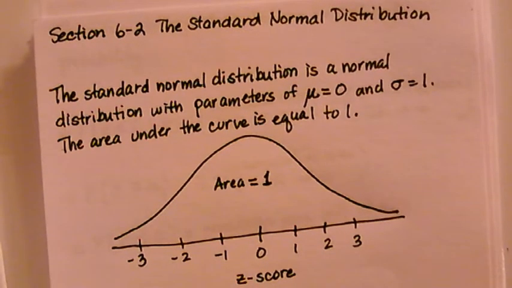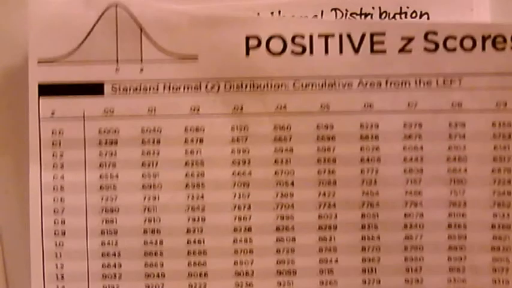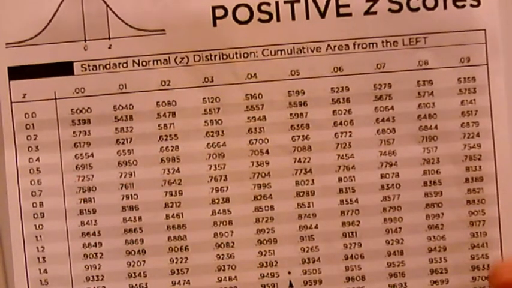We can use technology, which is the TI-83/84 Plus calculator, or StatDisk, or Microsoft Excel, or other statistical software that does the normal distribution. And second, we can use table A-2. So in this video, we're going to be using table A-2 to find probabilities. Here, this is part of table A-2, the standard normal distribution.